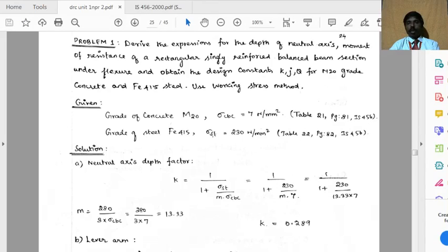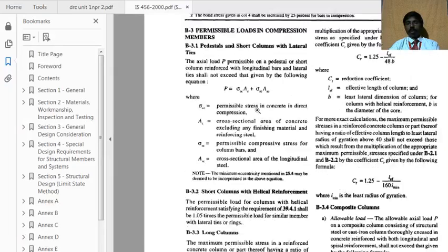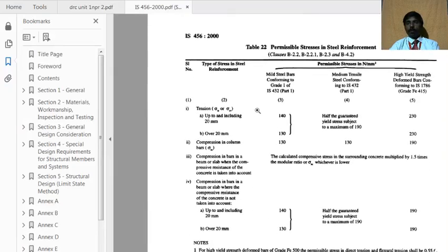Next, we have to find out the sigma ST value for Fe415. Again, we refer to Table 22 of IS 456-2000, in which we can see the permissible stress for steel reinforcement. In our problem, they have given Fe415, which is an HYSD bar.